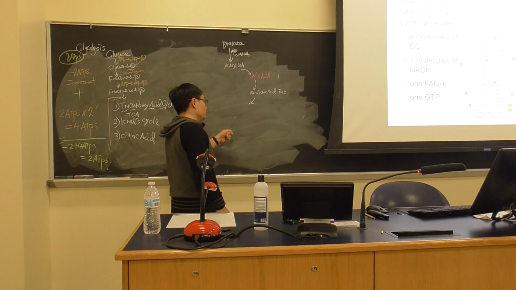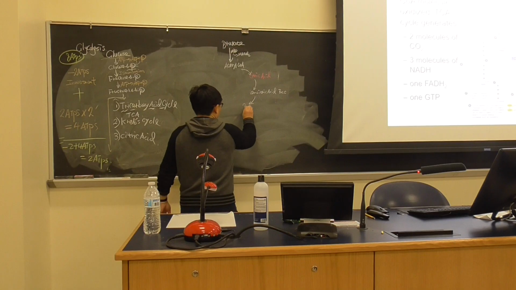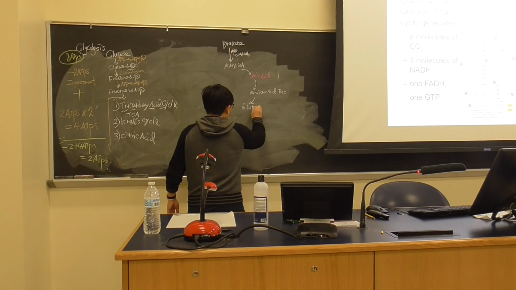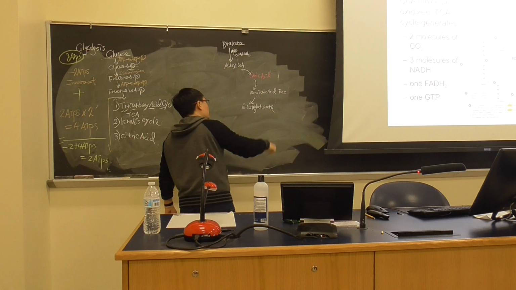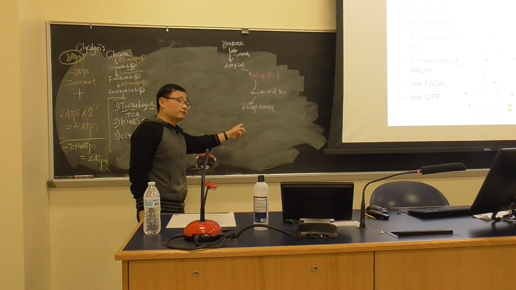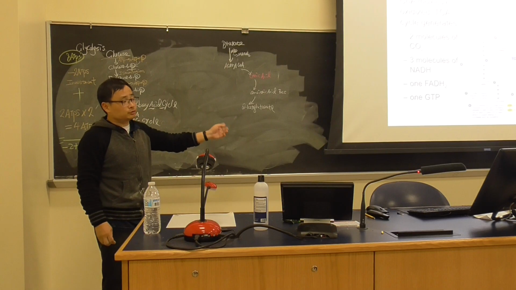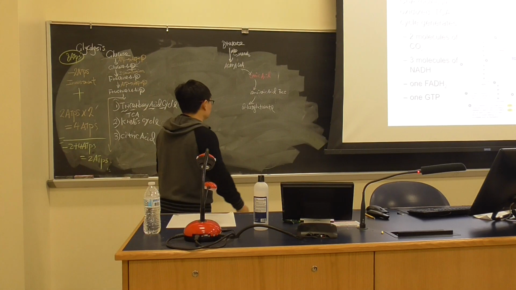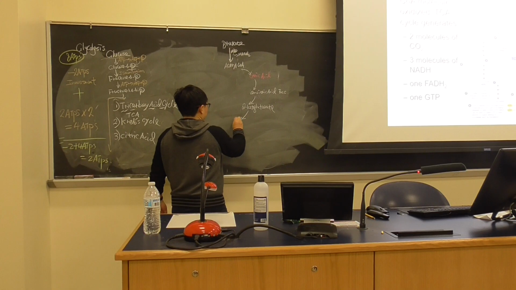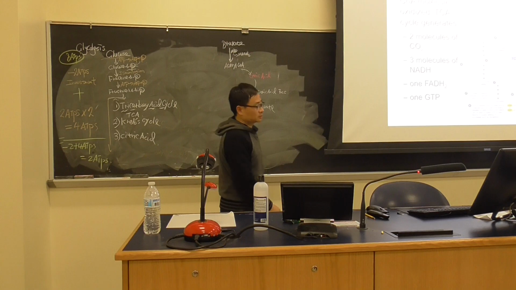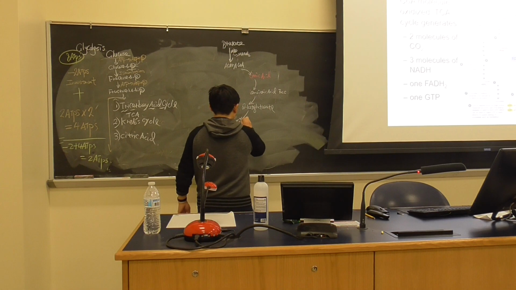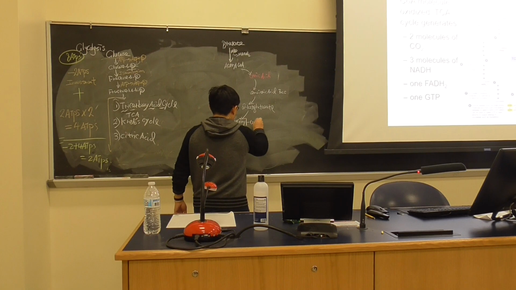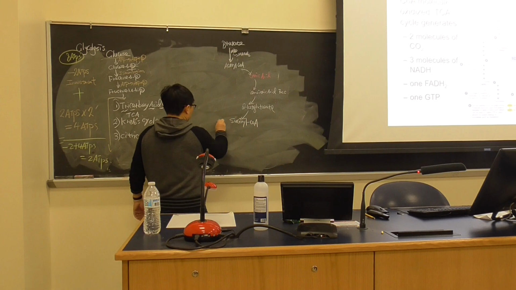A very important chemical: alpha-ketoglutarate. This is a very magic one. This guy can go everywhere, can even relate to the lipid cycle. Okay. Then what do we have? Succinyl-CoA. Then what do we become?